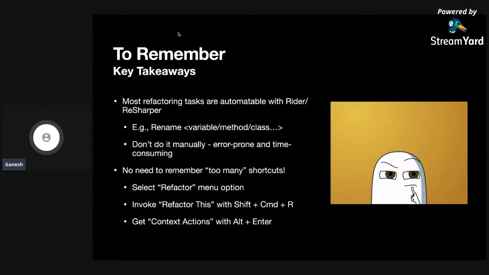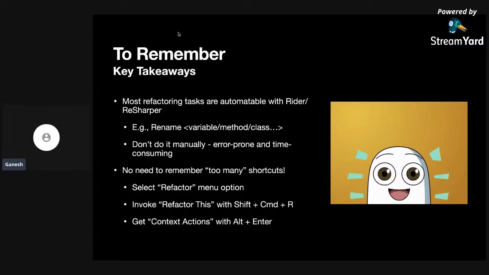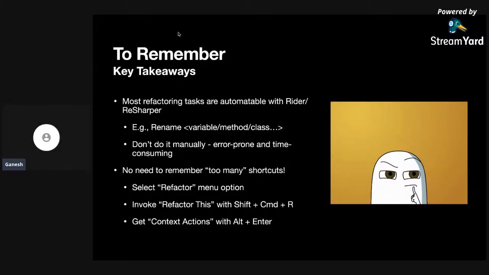As much as possible, automate it by using relevant tools, especially powerful and rich IDEs. And you don't have to remember too many shortcuts to do such refactoring. Just using the refactor menu option, refactor this, or context actions, these three are enough, and you'll be able to refactor your code to much higher quality code.